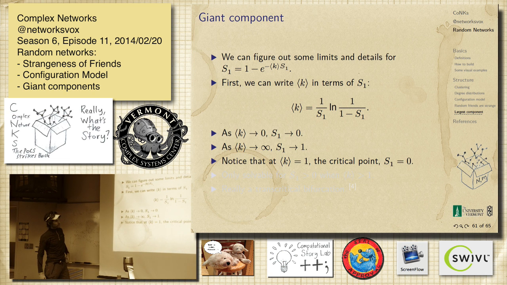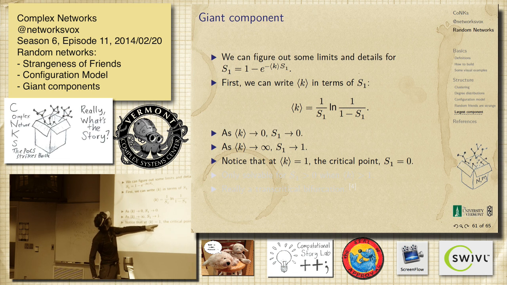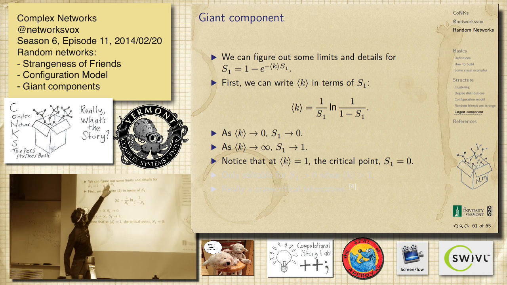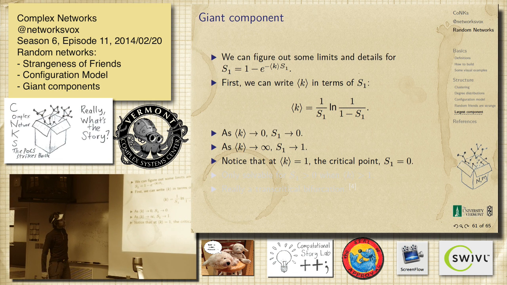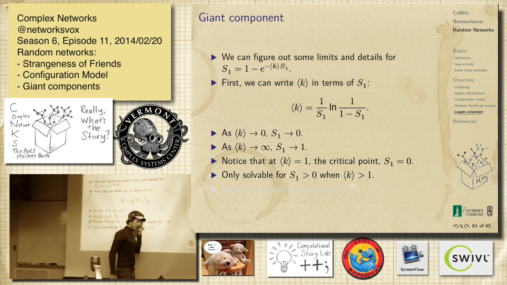This is good. We have the critical point when this is 1; then it works out. If this is 1, e to the minus S1, so 0 equals 1 minus 0, that's a solution. It's always a solution, it's true.